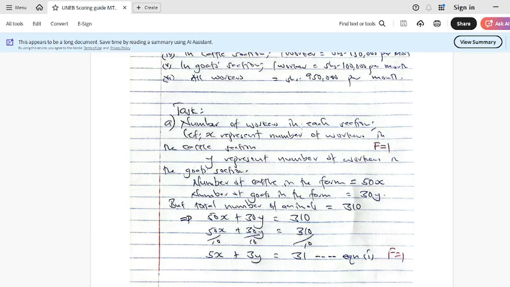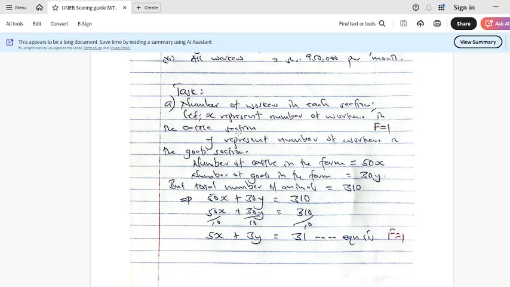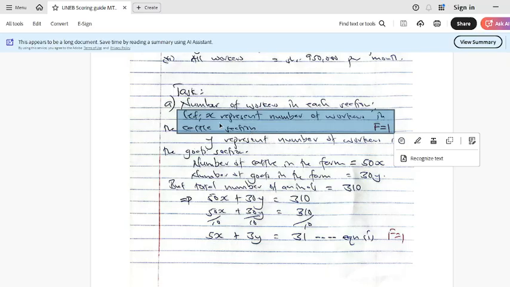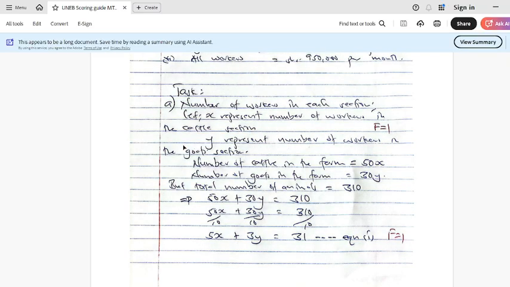Let X represent the number of workers in the cattle section, and Y represent the number of workers in the goat section. Please, when you're letting anything that's not in the question, be very careful. Clearly explain or tell the examiner what you're doing. Look at this. I've said that let X represent the number of workers in the cattle section. So you must be very smart in your representations.